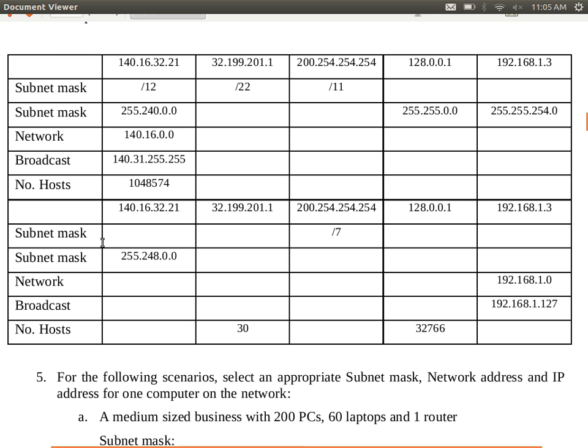With 19 bits, how many possible values can you have? 2 to the power of 19. 13 bits for the network portion, 19 bits for the host portion, the portion that identifies the device on that network. How many possible values? 2 to the power of 19, minus the 2 special cases you're not allowed to use. Okay.